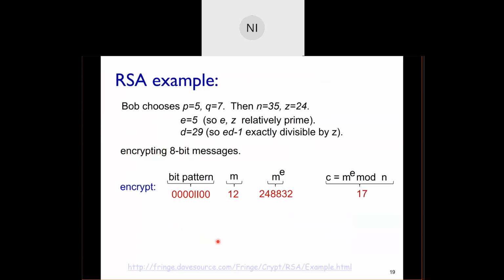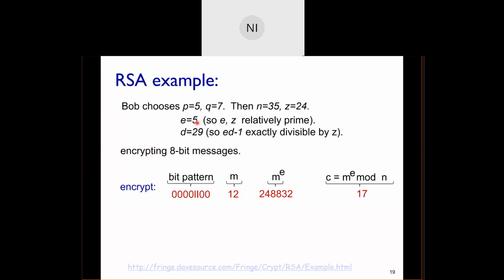A toy example is given with only 3-bit prime numbers. I'm talking about 1024-bit prime numbers and 2048-bit prime numbers, but here we have taken only 5 and 7 as the prime numbers. Then N becomes 35 and G becomes 24. Then you have to choose E such that E and G are relatively prime. In this case, 5 and 24 don't have any common factors.